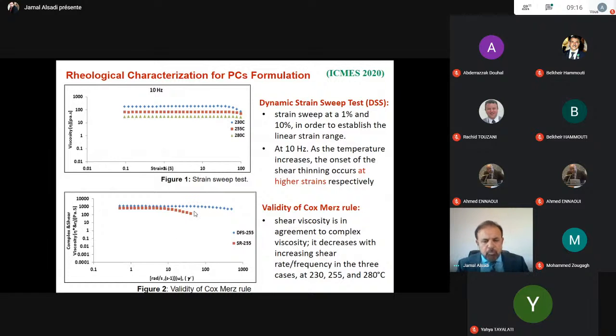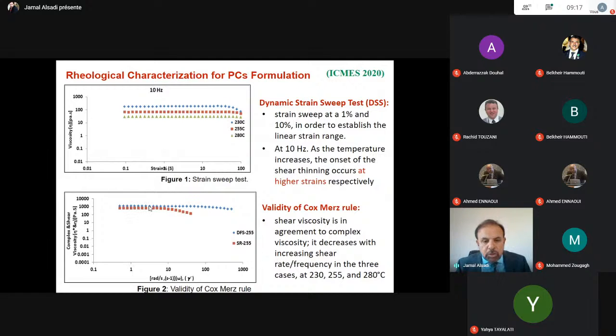Same here, I did another characterization, which is called the validity of Cox-Merz. Cox-Merz means I ran the experiment with dynamic strain to see the shear effect, and the complex viscosity against shear rate. Both of them show they are coincident, so the shear viscosity is in agreement with the complex viscosity.